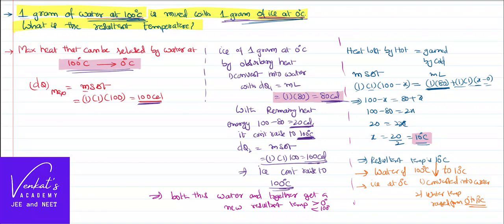For that water to rise from 0 to 100 degrees centigrade, it needs one more 100 calories. Together, it needs 180 calories. But available heat is only 100 calories. So something intermediate happens this way, and they will get a resultant temperature of 10 degrees centigrade. That's how we have to understand that problem.